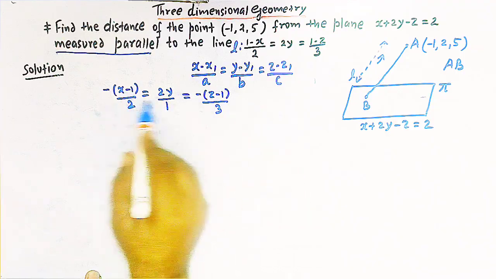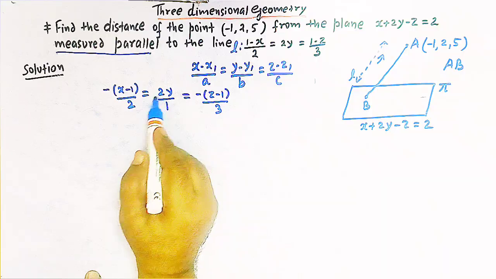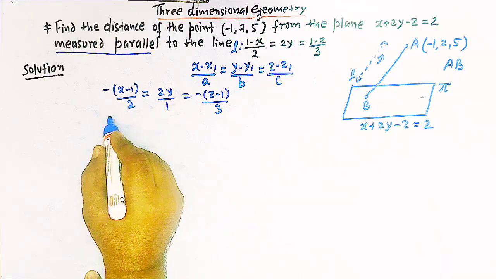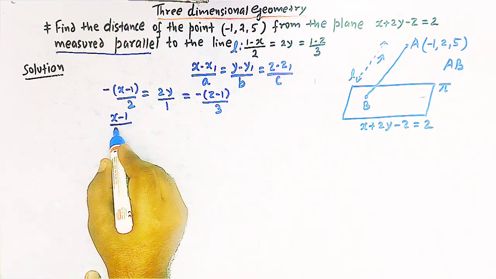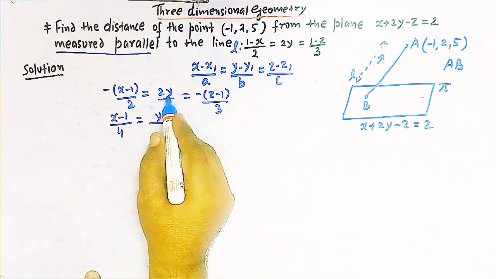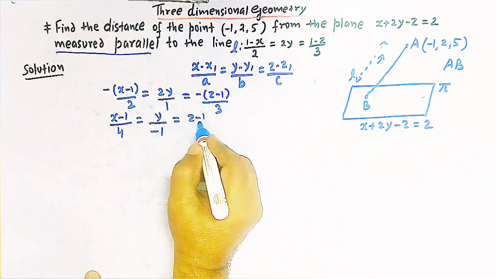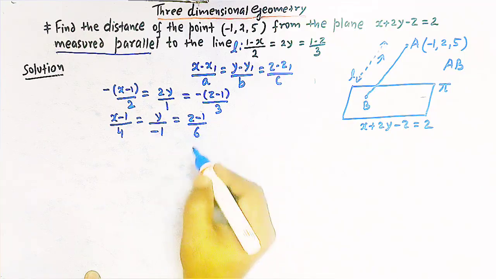Now let us divide throughout by -2. So we have (x - 1)/4, y over simply -1, and (z - 1)/6.